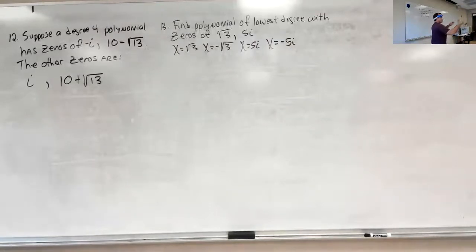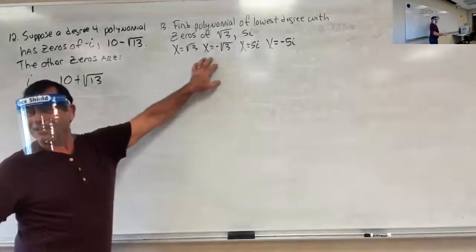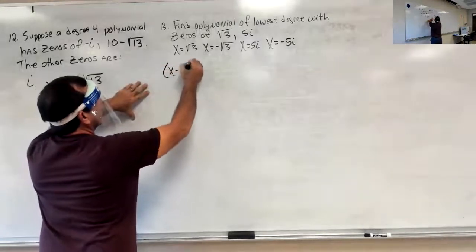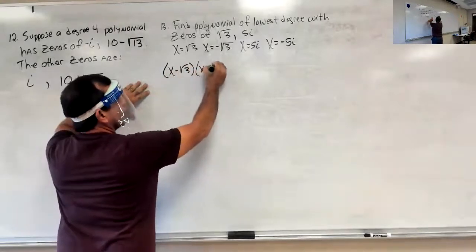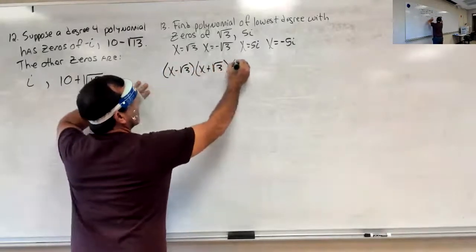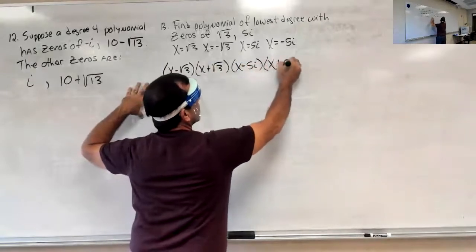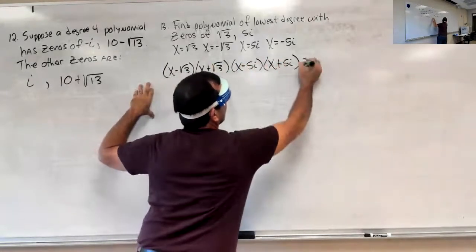So to save time, I'm going to get them all in parentheses with the signs changed, right? So this will be x minus square root of 3, x plus square root of 3, x minus 5i, and x plus 5i.